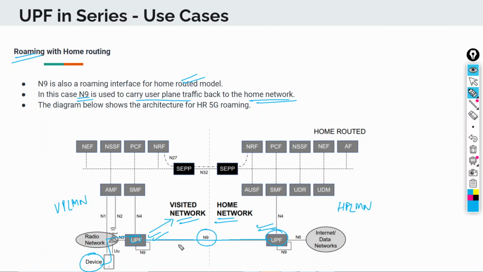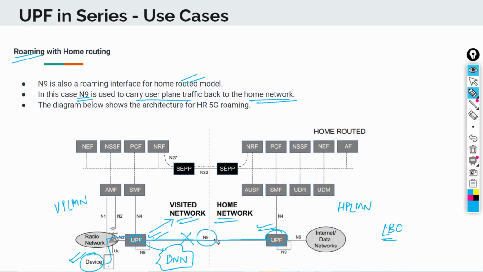Obviously, you have a different flavor of roaming, which is called local breakout, LBO for short. In this case, your UPF in the visited network will itself terminate the traffic for this given subscriber, and it will not traverse the N9 link.